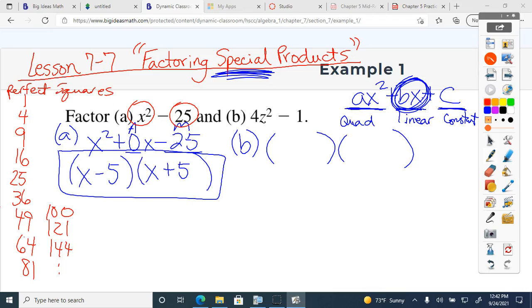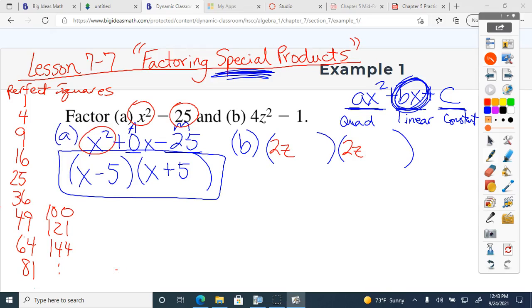What's the square root of 4z squared? 2z. I put 2z here, and I put 2z there. Same thing I did here. What's the square root of x squared?